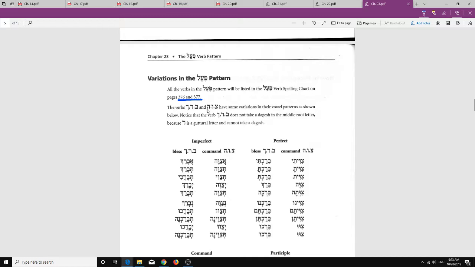One of which you might be able to see coming because we have a third hey here. So if you remember, something happens when a third hey takes a reversing vav, especially in the imperfect. I'll let you think about that until we get there. Maybe create some suspense if you don't remember.